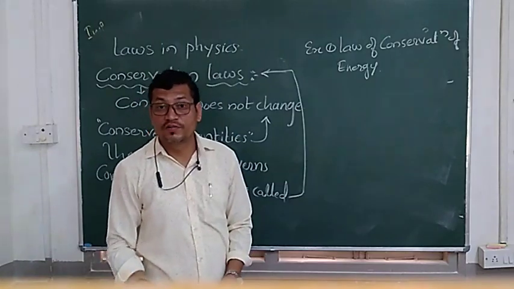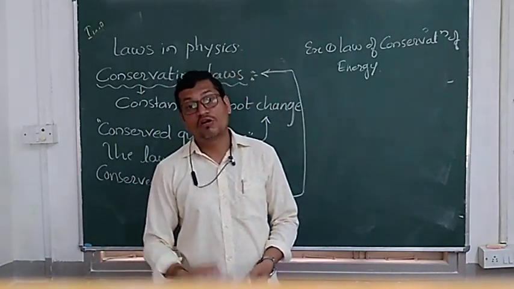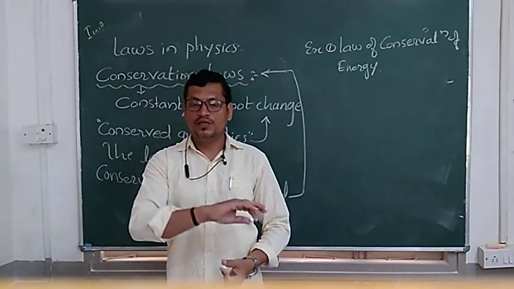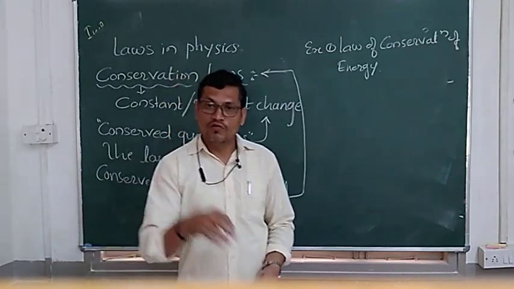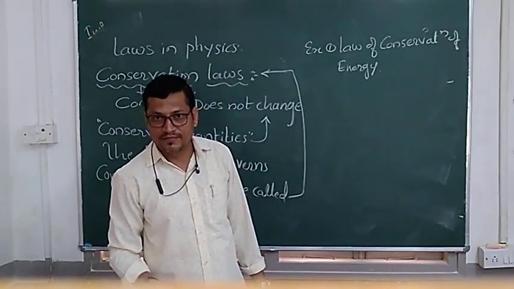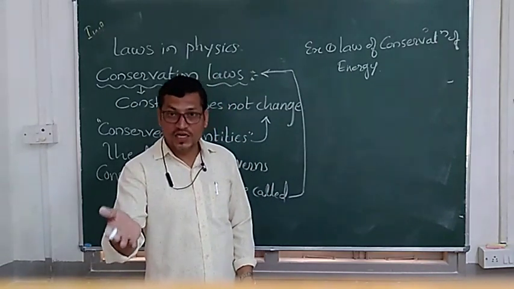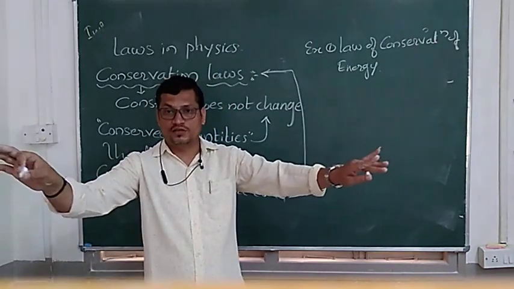Energy can neither be created nor be destroyed. It can be converted from one form to another form. This is law of conservation of energy. That means potential energy plus kinetic energy is equal to total energy, and that is always constant.